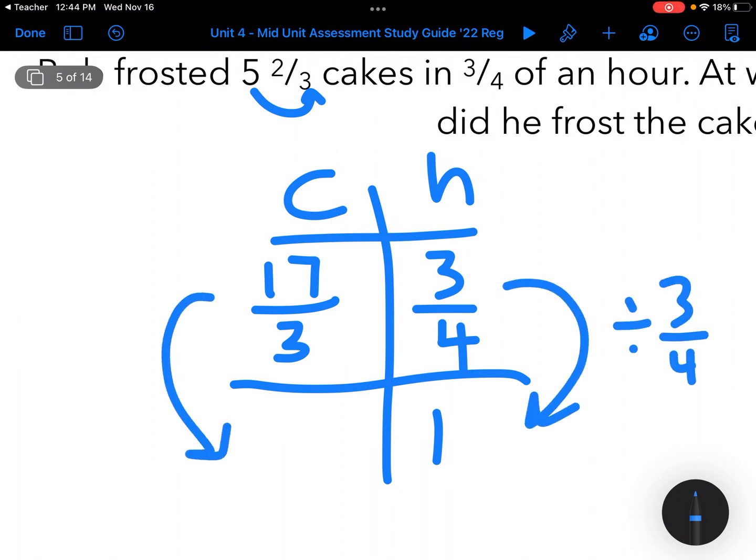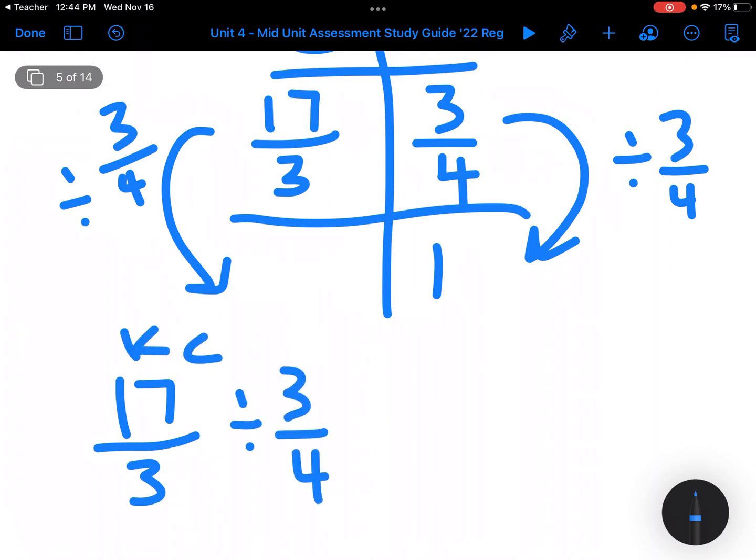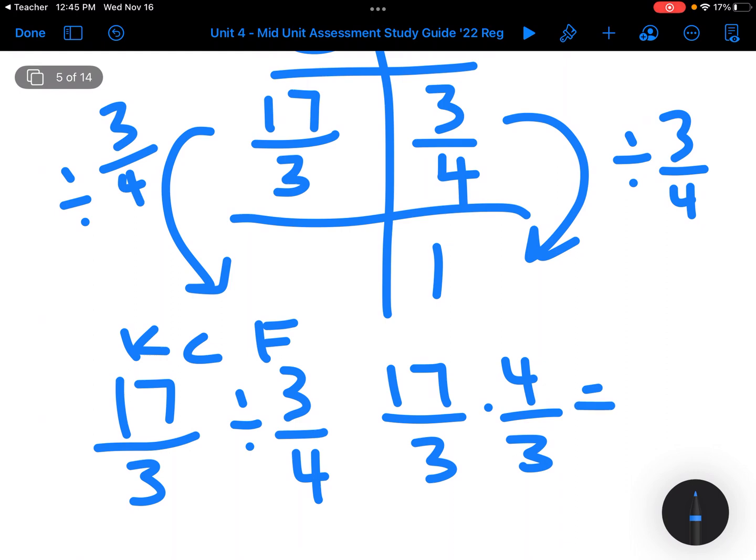If you remember, I always like to put my mixed numbers into improper fractions when I put them into my chart because it just makes it easier for me when I go to divide. So 17 over 3 divided by 3/4. So keep, change, flip. So 17 over 3 times 4 over 3. And I end up with 4 times 7 is 28. 4 times 1 is 4 plus 2 is 6. So 68 over 9.